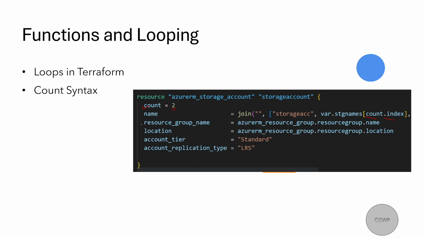The remaining properties mean it will create them in the same resource group, in the same location, with the same access tier, account tier, and same replication type. If I want to define some more properties here, we can, and the two storage accounts will be created with the same kind of properties. The only change is the storage account name, and that's true because we cannot create two storage accounts with the same name. So this is the count syntax. We will definitely see it in the demo.